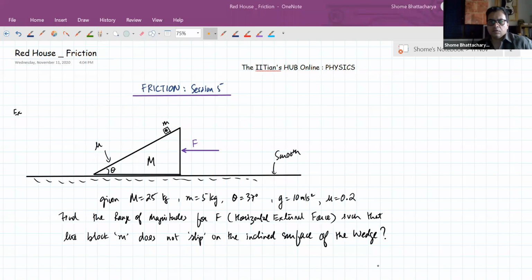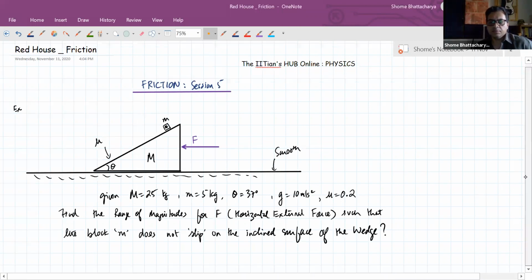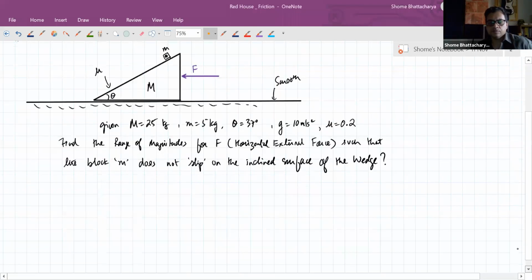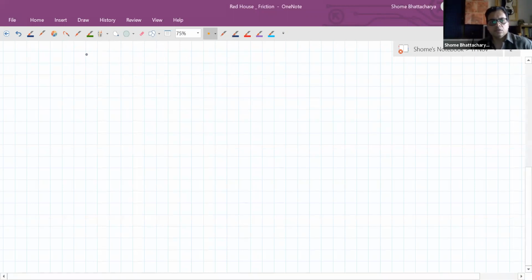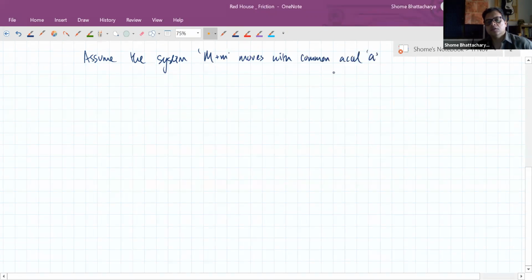Okay, but let me start by explaining the free body diagram concept. So if we assume the system capital M plus small m moves with common acceleration A with respect to the ground frame.